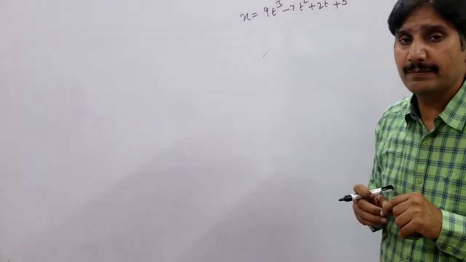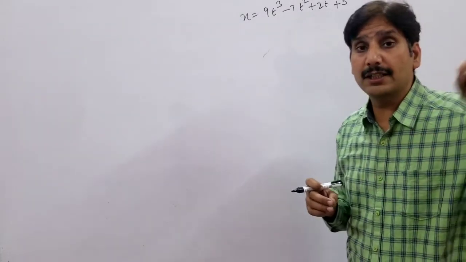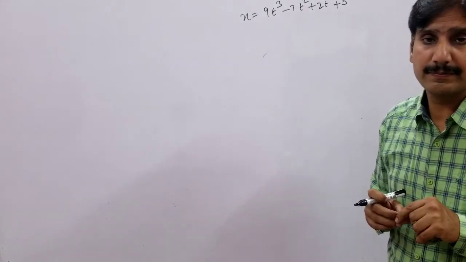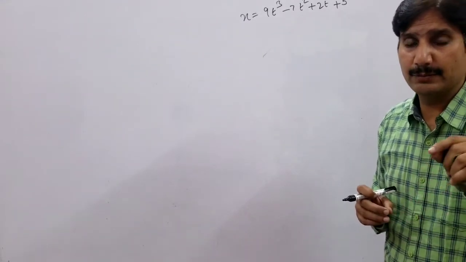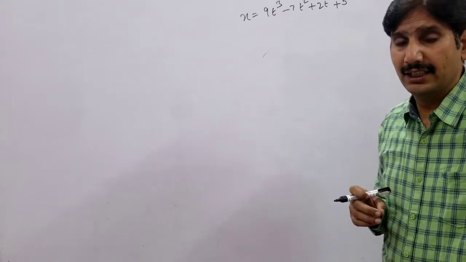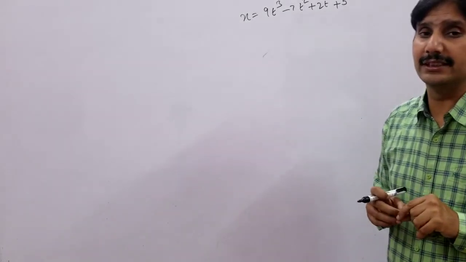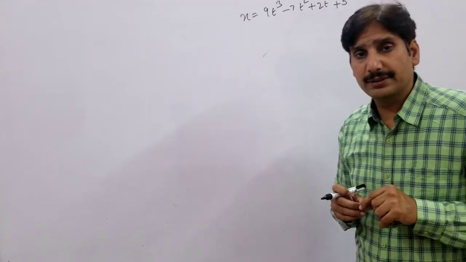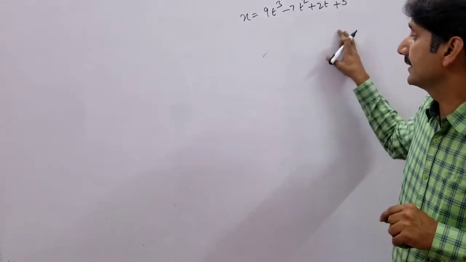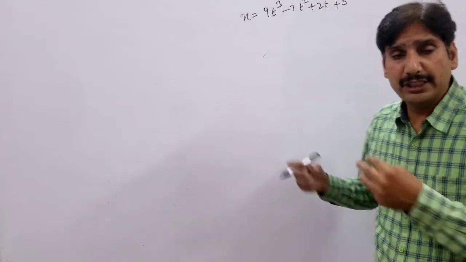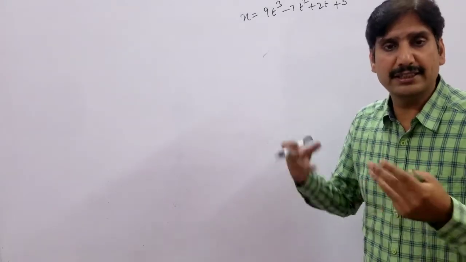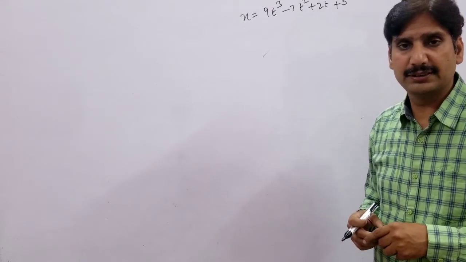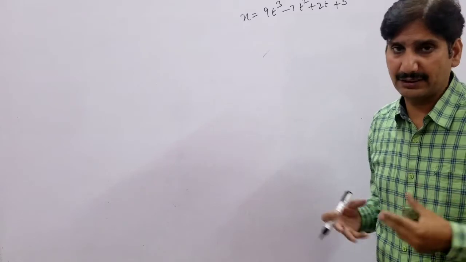At what time was the body farthest or closest to origin? This is the question. How would you do it? By looking at this, at what time? Will you keep on putting the time from 1 second, 2 seconds, 3 seconds up to infinite number of seconds to see? No. There is a specific method of doing that.